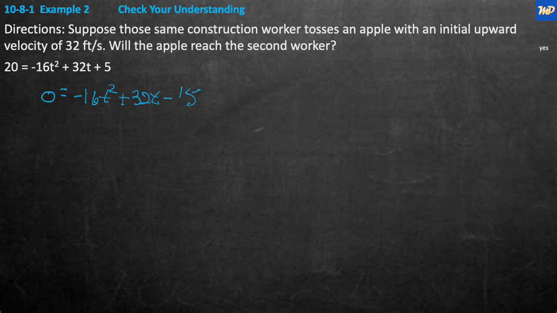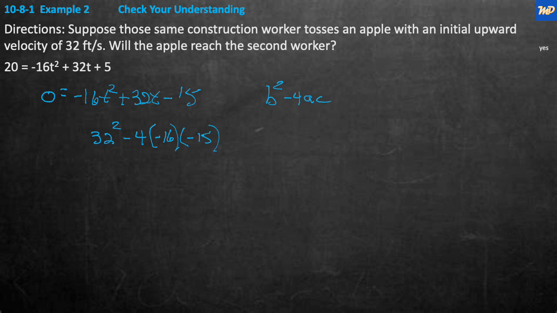Let's use our discriminant, b squared minus 4ac. b is 32, so it's going to be 32 squared minus 4 times a, which is negative 16, times negative 15.